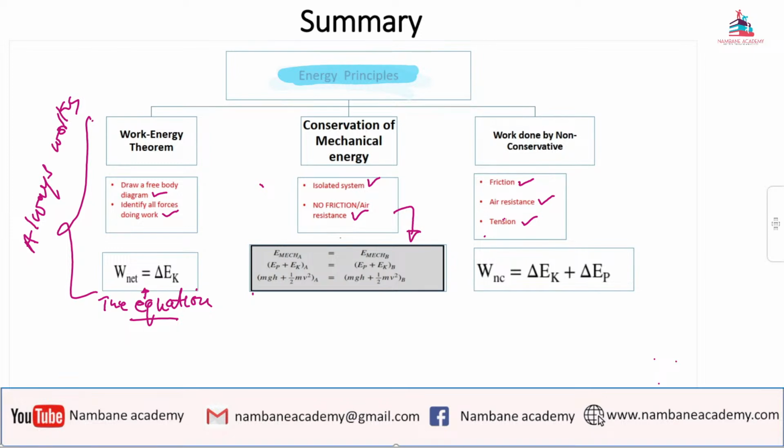So ladies and gentlemen, with this being said, I have explained a summary of energy principles and everything that relates now to work, energy, and power. So I am going to expose you to one or two questions that we can try and do together, in order for us to actually see if this system is assisting us.